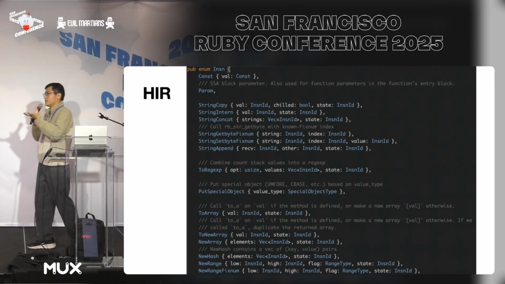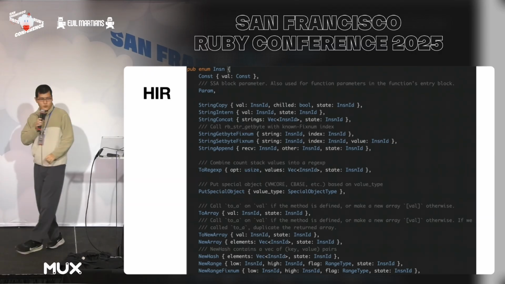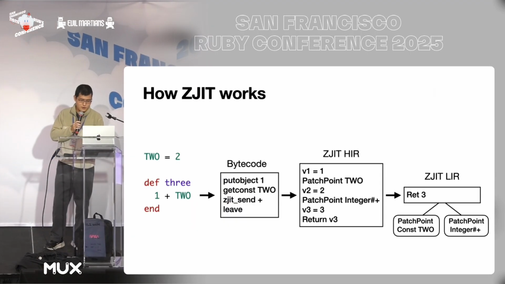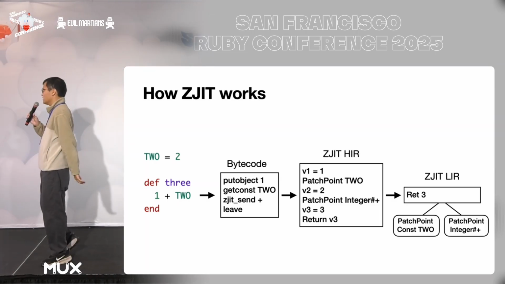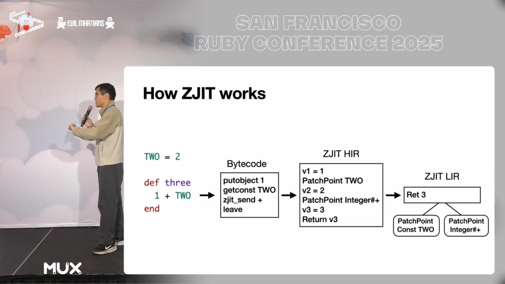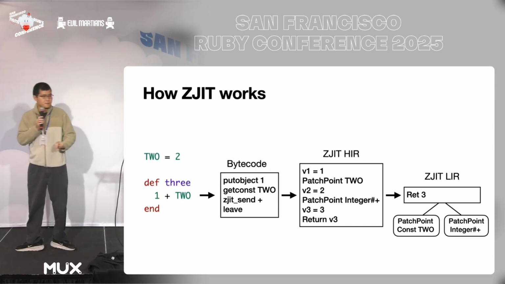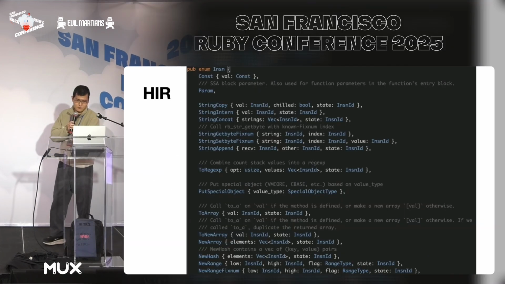We assign a variable only once for each variable name. If we go back to HIR, V1, V2, V3 are variables. Because we assign each only once, any reference to that variable can be replaced by the definition of that variable. So it makes it easy to optimize the IR.